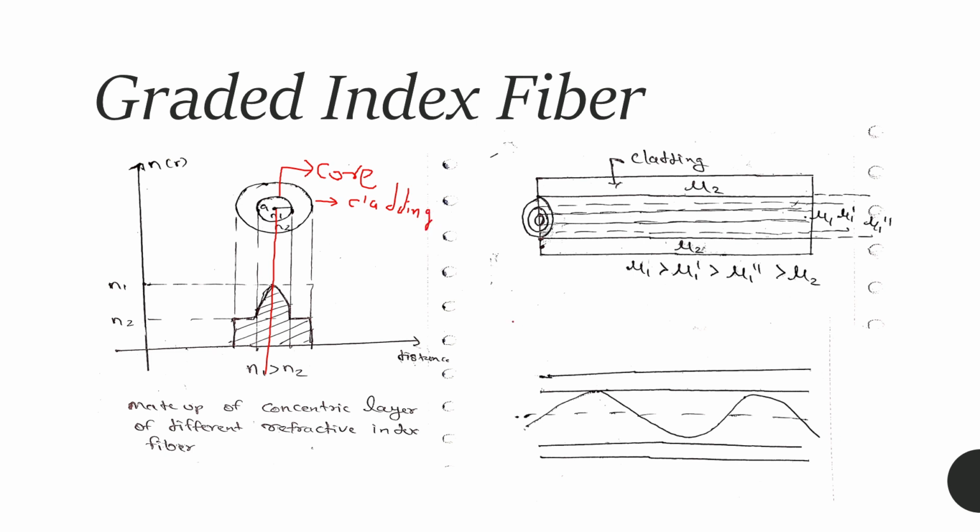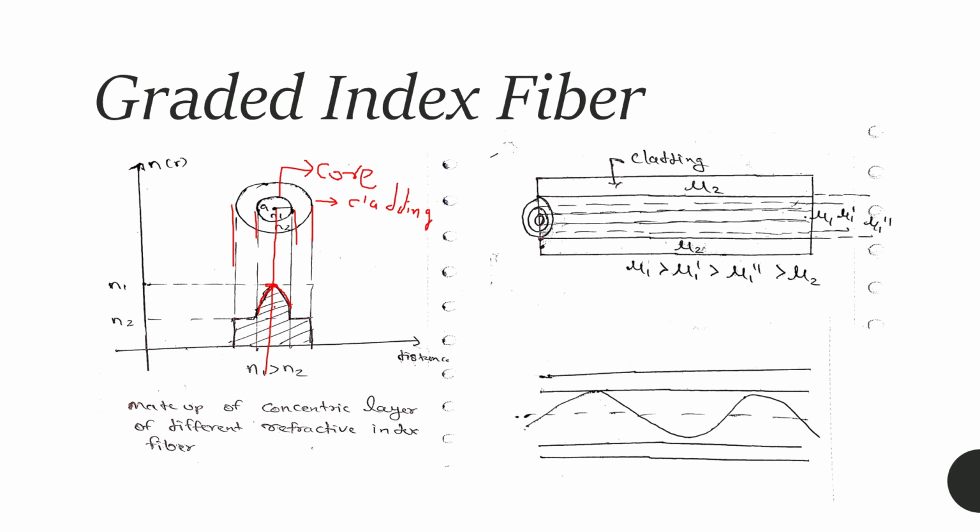This is the diameter of the core, and this is the diameter of the cladding. Here you can see that the refractive index is maximum at the axis of the core, and it decreases as we move toward the perimeter of the core.